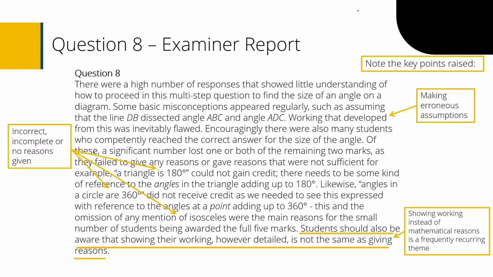This and the omission of any mention of isosceles were the main reasons for the small number of students being awarded the full 5 marks. Students should also be aware that showing the working, however detailed, is not the same as giving reasons. So you can see from here that it is about writing the correct sentence, and it's not just, oh, I've referred to it.